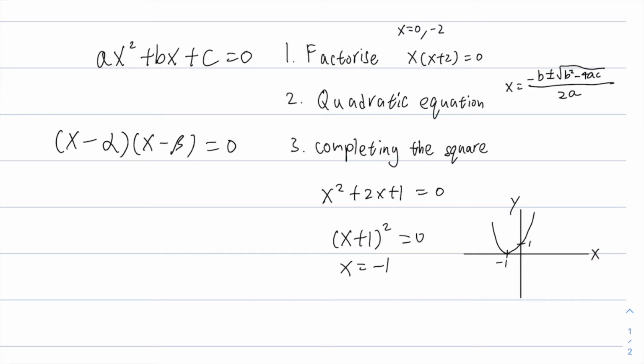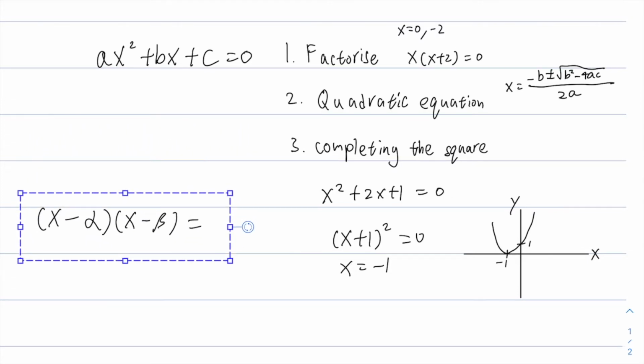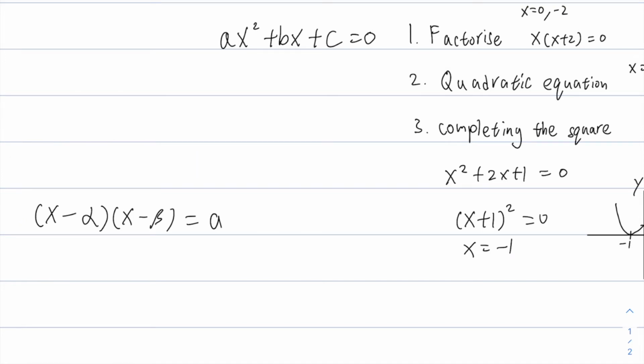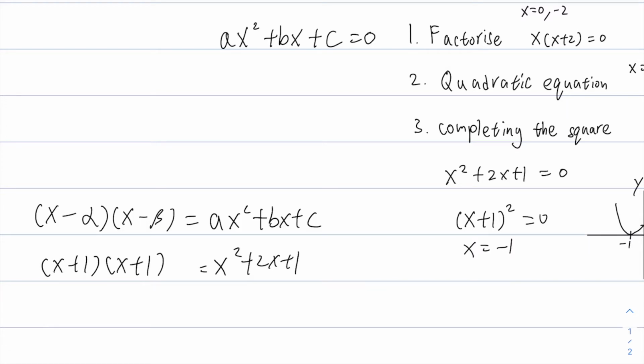But it can also be equal to ax squared plus bx plus c, because it's just a different form of expressing, just like the idea in here. So x squared plus 2x plus 1 is equal to x plus 1 times x plus 1. They're the same thing, just different expressions.